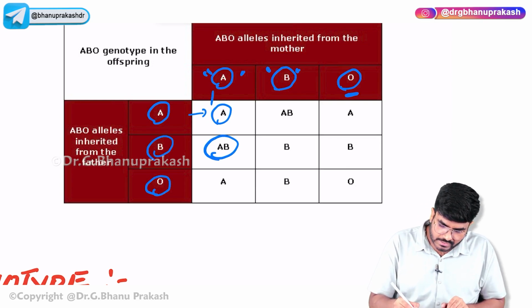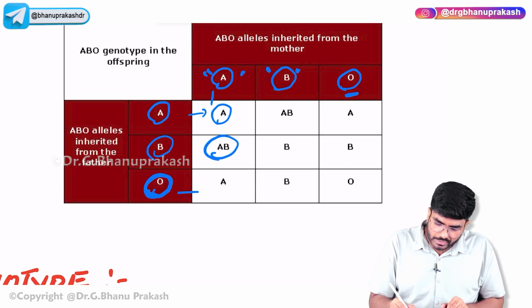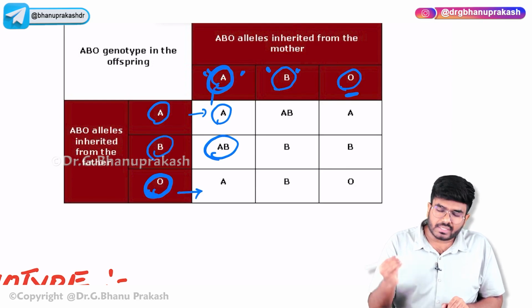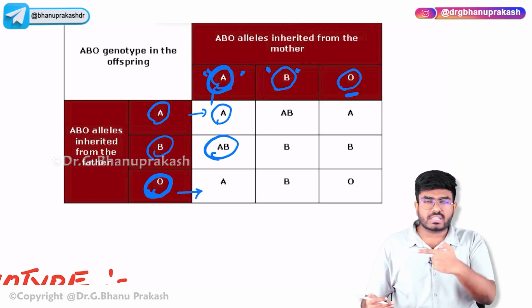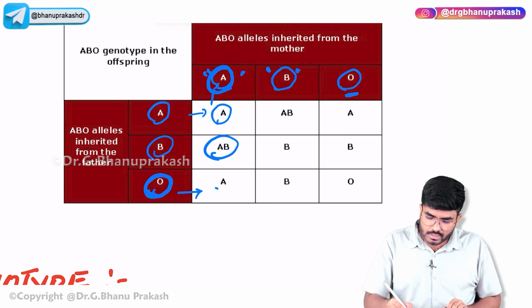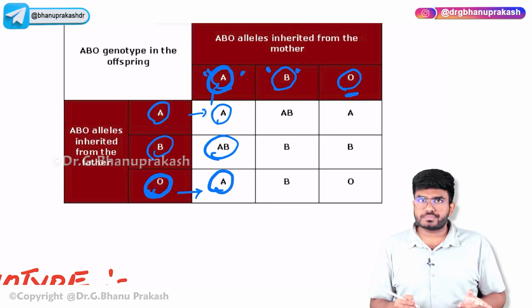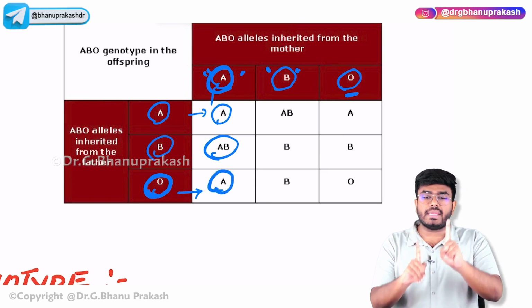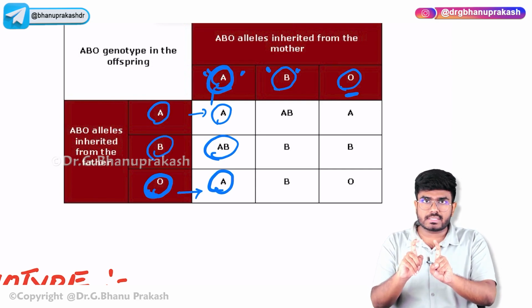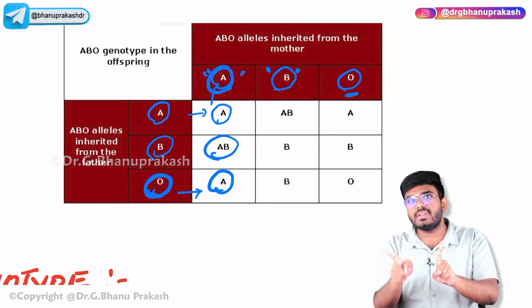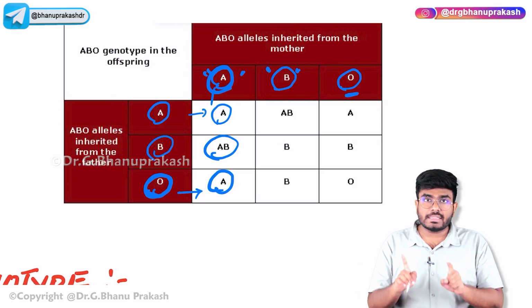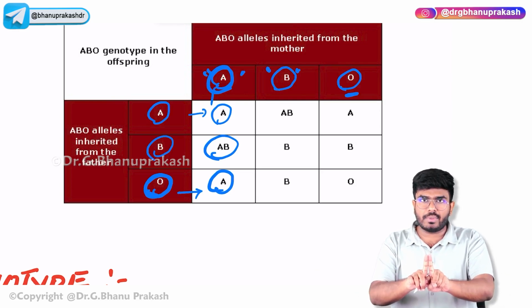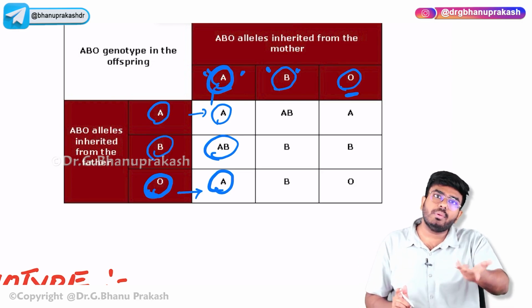Understood? For example, a baby is getting O from the father and A from the mother. A is dominant, so A is expressed. Only A and B are dominant alleles, but O is recessive. If a baby has both A and B, both will be expressed, so it is AB blood group.